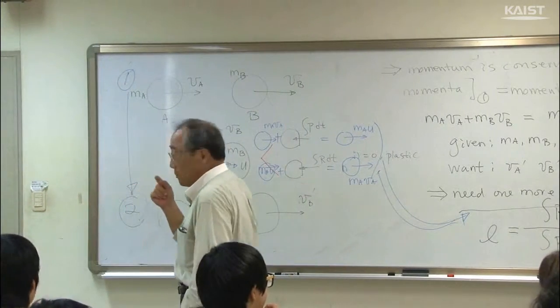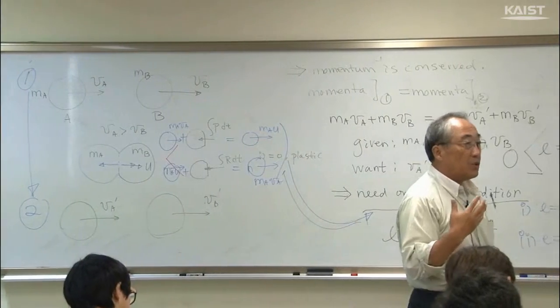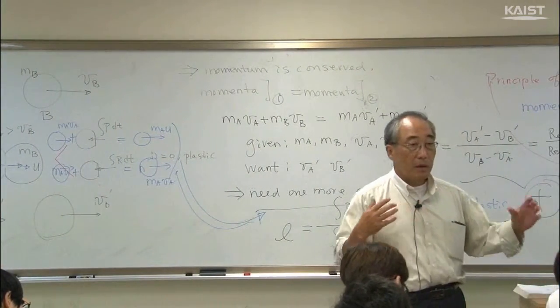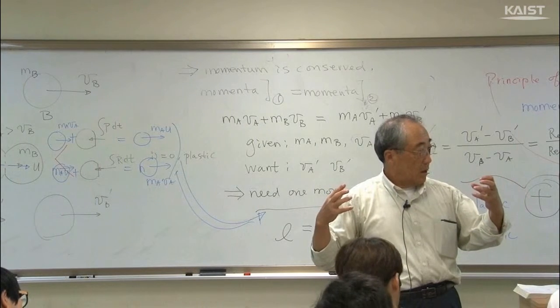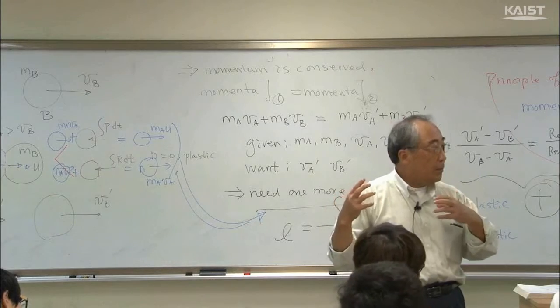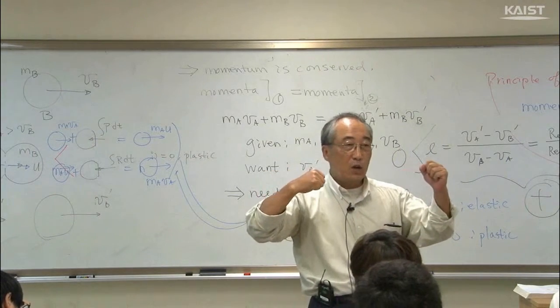So that makes sense because vA minus vB is always positive. Otherwise, they will not collide.